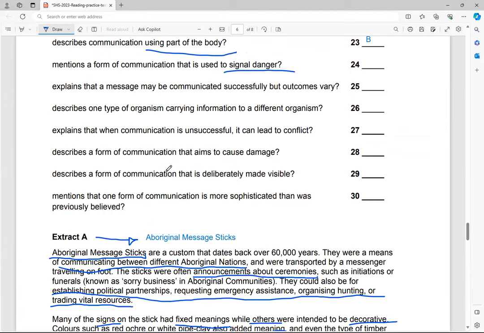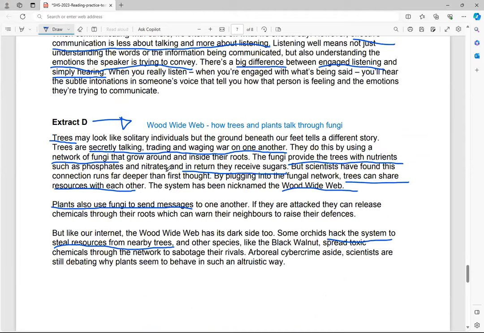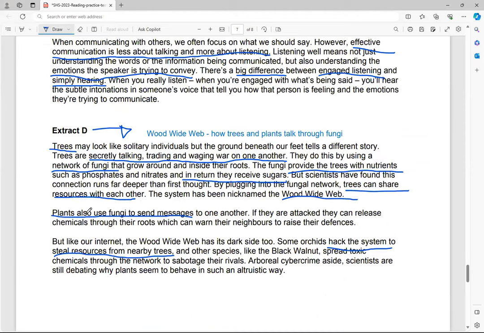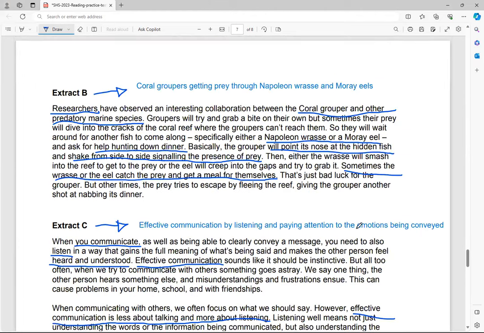When we think back to the extracts, we know that this is the one about the trees, because we underlined here that plants also use fungi to send messages to one another. If they are attacked, they can release chemicals through their roots, which can warn the neighbors to raise their defenses. And that's why the answer is Extract D.